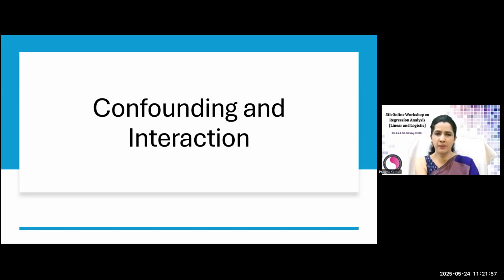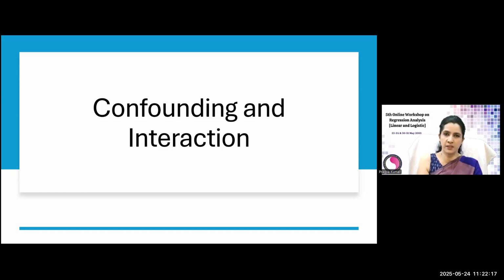There are many, but we are dealing with two types: one is a confounder and the other is an effect modifier. Statistically, this effect modification we call an interaction between these two variables.